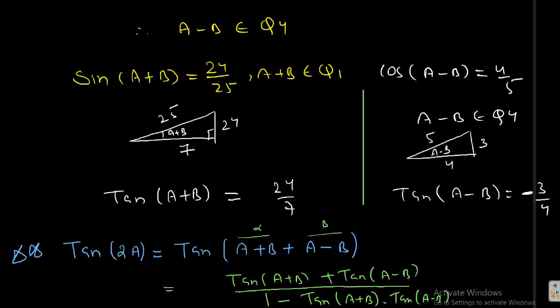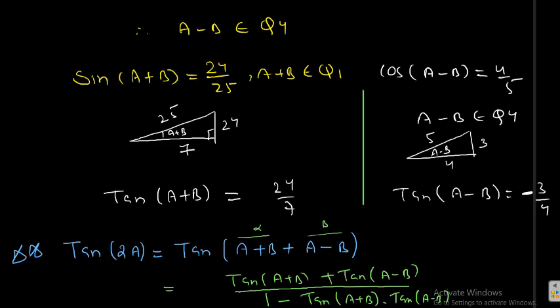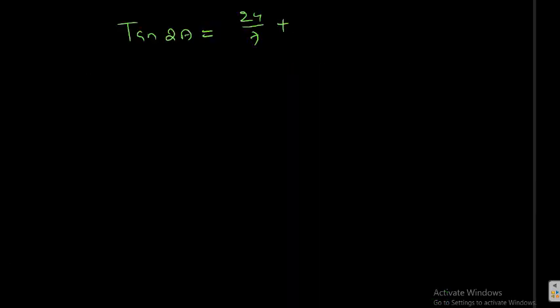Next page I will write tan 2a equal to tan of a plus b, 24/7, plus tan of a minus b, minus 3/4, by 1 minus tan a plus b into tan a minus b.